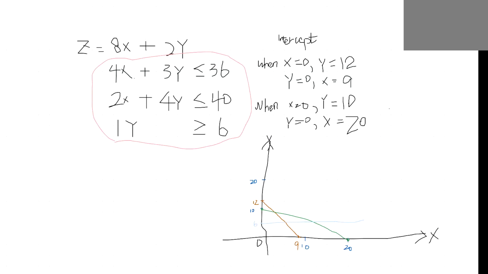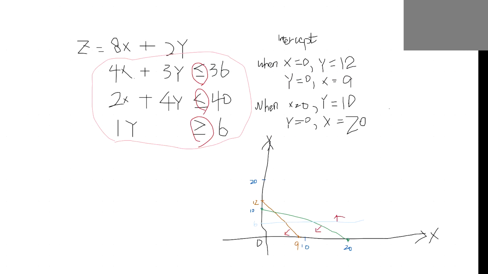The first constraint is less than or equal to, and the third is greater, so we know whether the area is below or above the line. First one is below because it's less than or equal to. Second one is below because it's also less than or equal to. The third one is above because it's greater than 6.